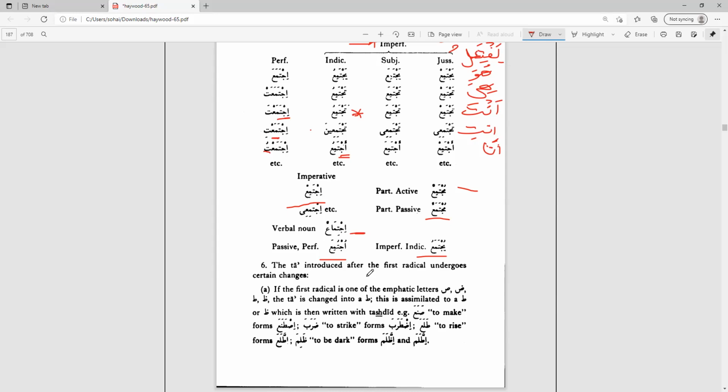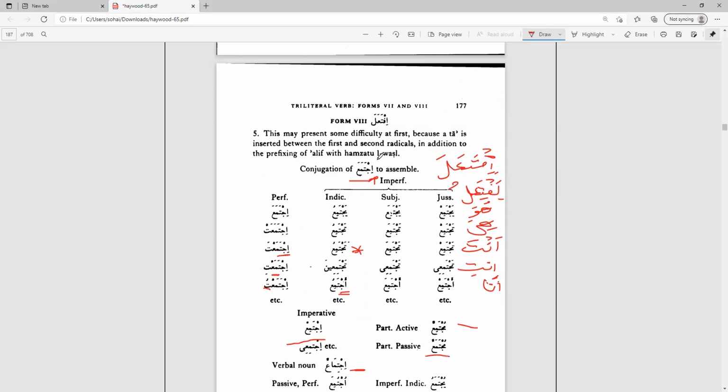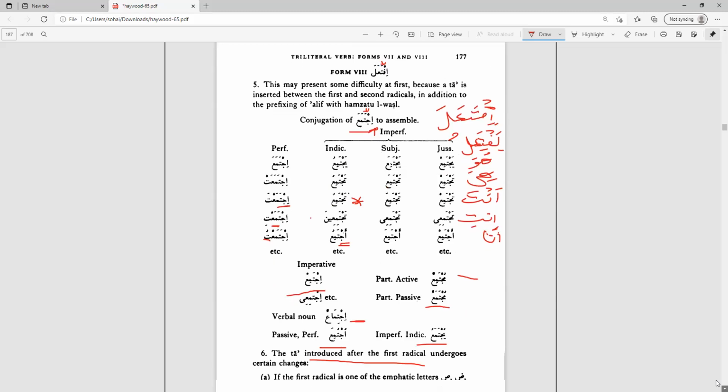So here there are going to be some changes. The additional ta introduced after the first radical, in ifta'ala like ijtama'a, goes through certain changes if the first radical is of certain letters.